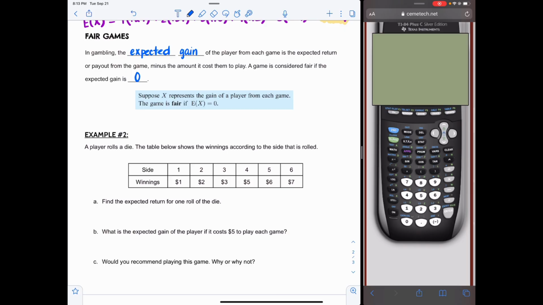So let's look at example 2. If a player rolls a die, the table below shows the winnings according to the side that is rolled. The first thing they want us to do is find the expected return for one roll of the die.